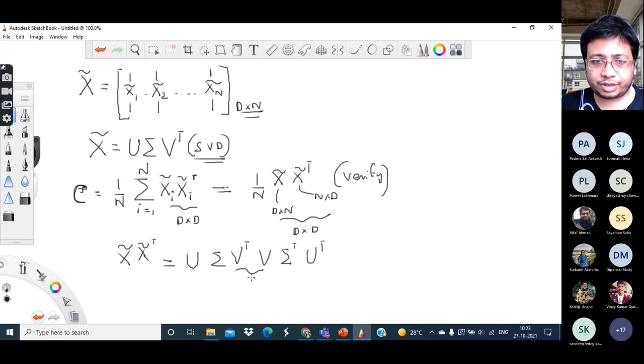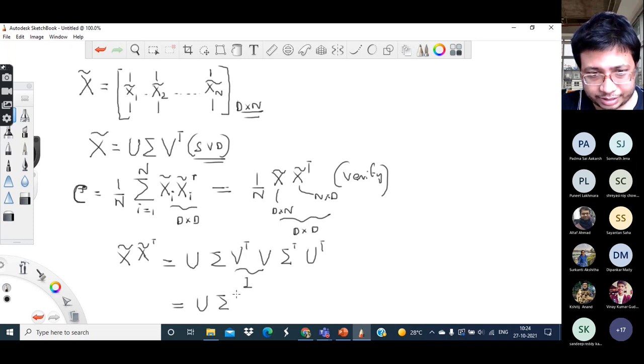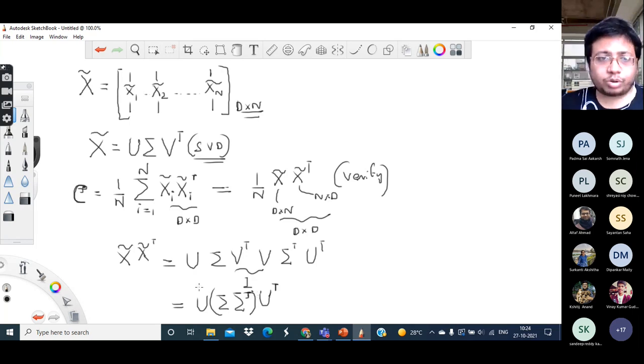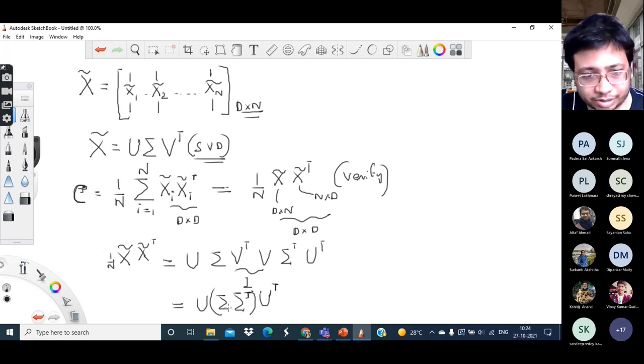Now V transpose V is equal to the identity matrix I, so I get U sigma sigma transpose times U transpose. Of course the factor of 1 by n is also there, so you can just bring it in here.